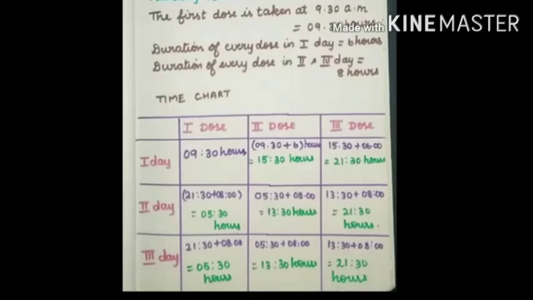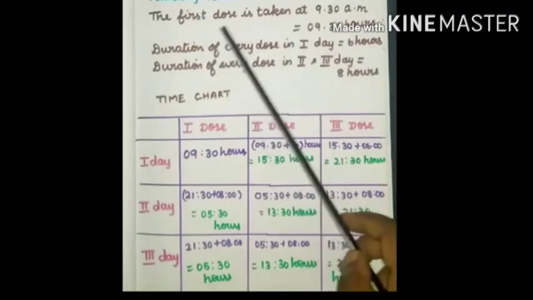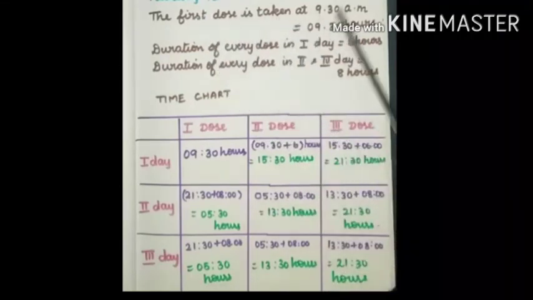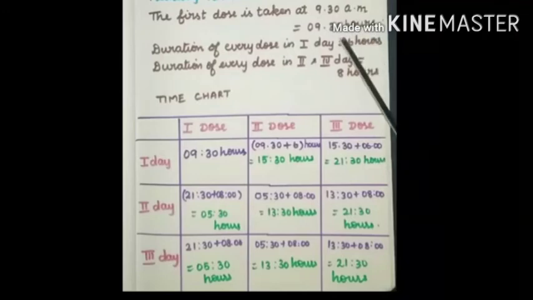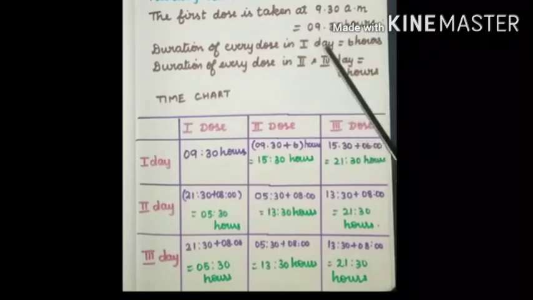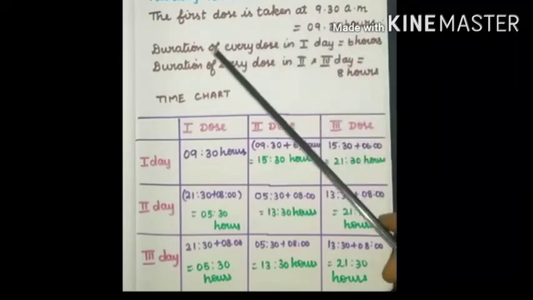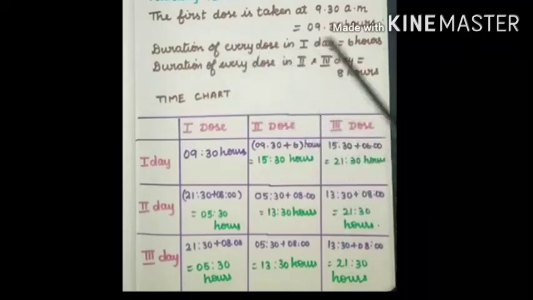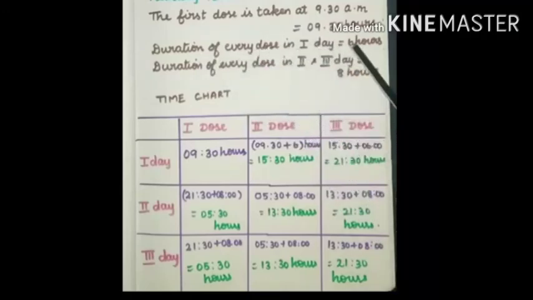It is very simple to find the time chart. Here the given question says the first dose is taken at 9:30 a.m. You have to convert this a.m. into hours, that is 9:30 hours. The duration of every dose on the first day is given, that is 6 hours. The duration of every dose on the second and third day is also given, that is 8 hours. From this information you have to make a time chart.